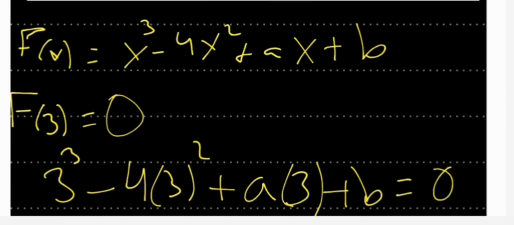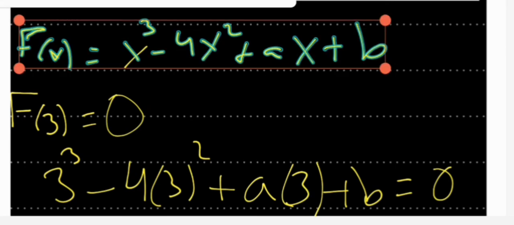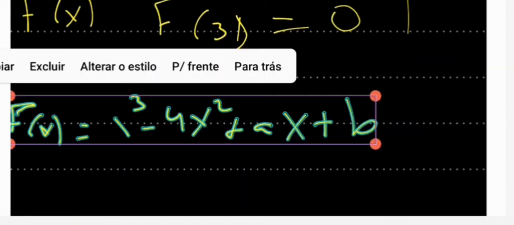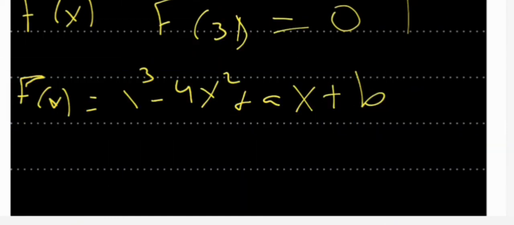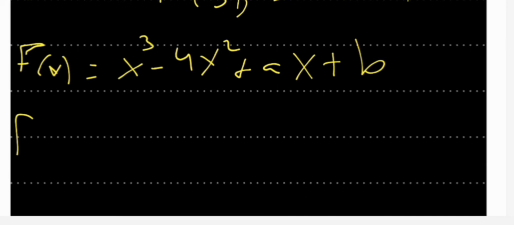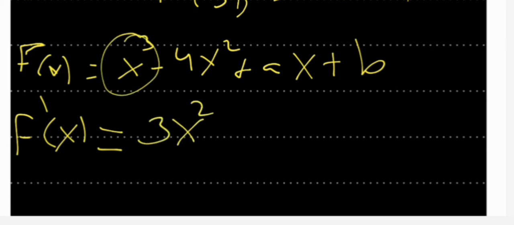Now let me just copy f of x so that we can differentiate it. So the derivative of f of x, f prime, is equal to what? The derivative of x cubed is 3x squared, right? The derivative of a polynomial, the easiest one.